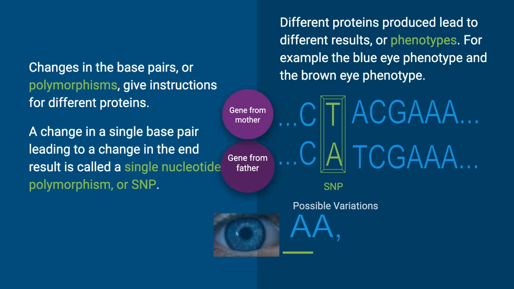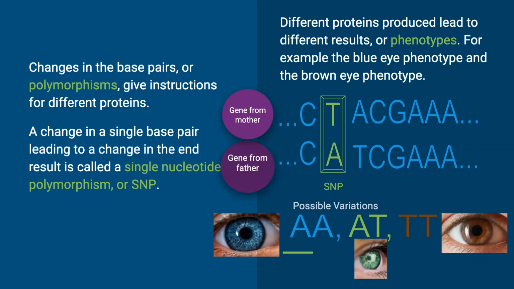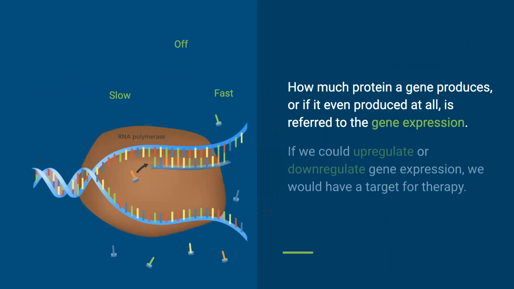So the possible variations there are an AA, which is going to give you blue eyes, an AT, which is going to give you green eyes, and a TT, which is going to give you brown eyes. Now, this is obviously an oversimplification of eyes. But as you can see, just changing one letter has a fairly large impact on what things look like, or the phenotype. So how much a gene produces, or even if it produces at all, is referred to as gene expression.